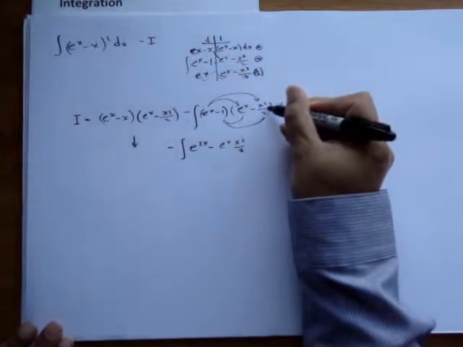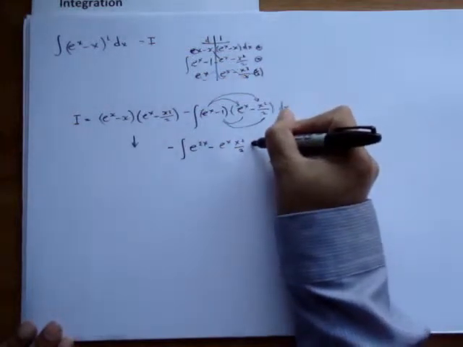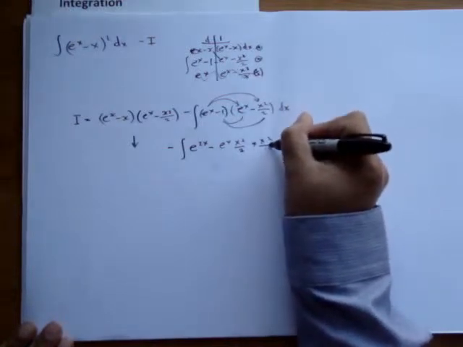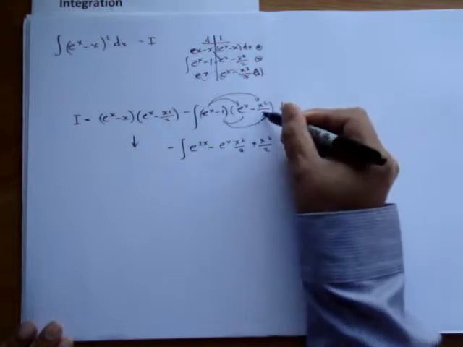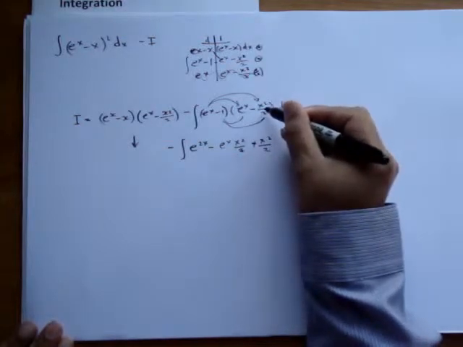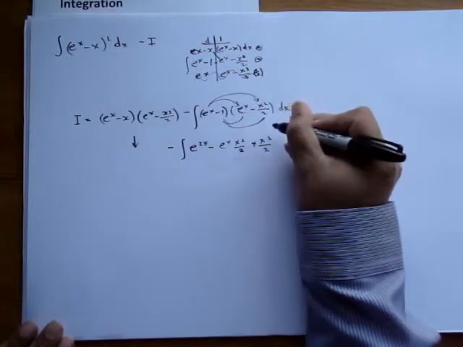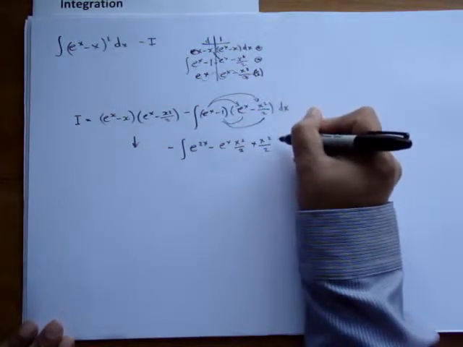Then we have minus times a minus, which is a plus x squared over 2, and then we have the e to the x, so that's minus e to the x.